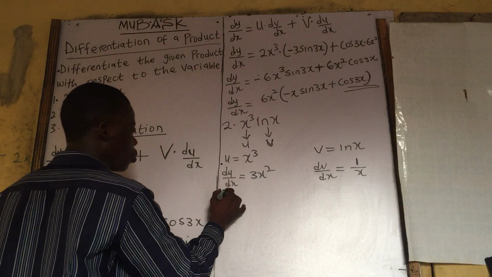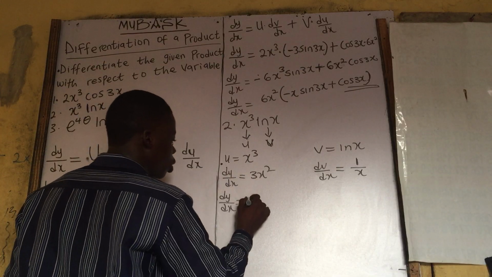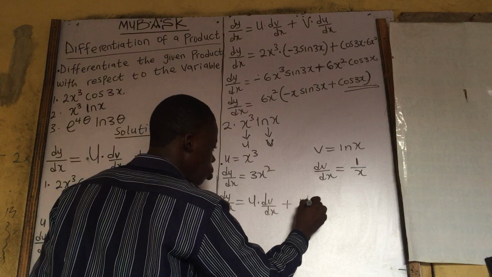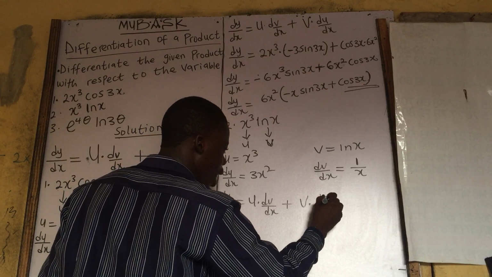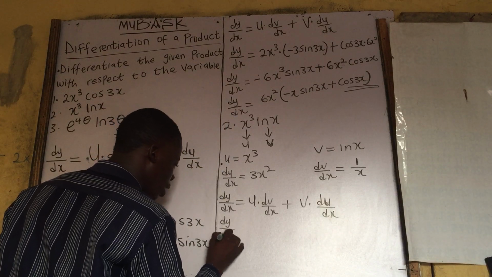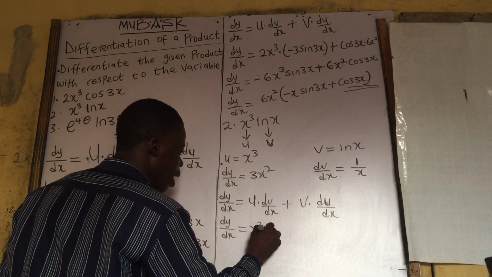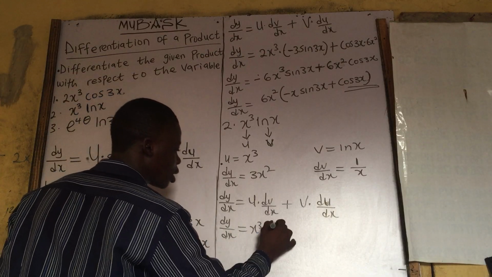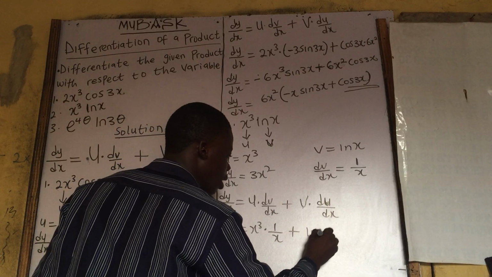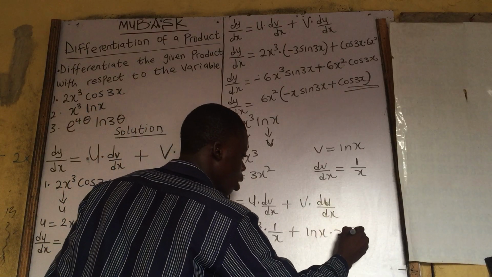We can substitute into the formula. We say dy over dx equals u multiplied by dv over dx plus v multiplied by du over dx. Now dy over dx: u is x cubed multiplied by dv over dx, 1 over x, plus v, which is ln x, multiplied by du over dx, which is 3x squared.